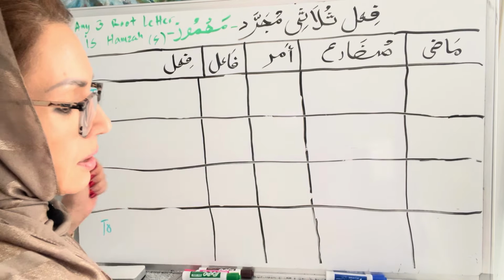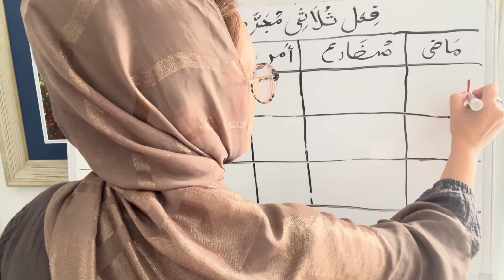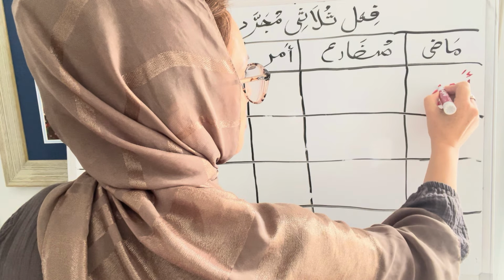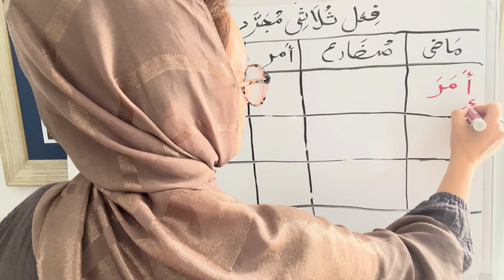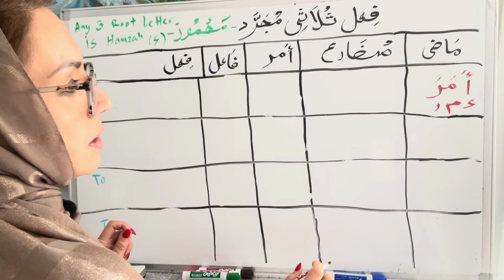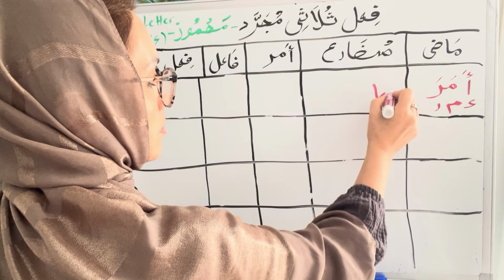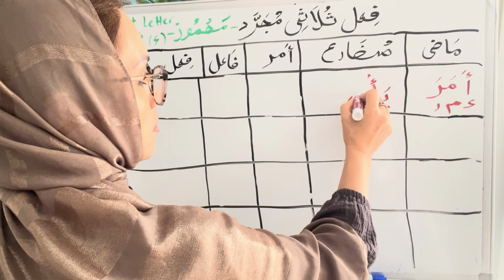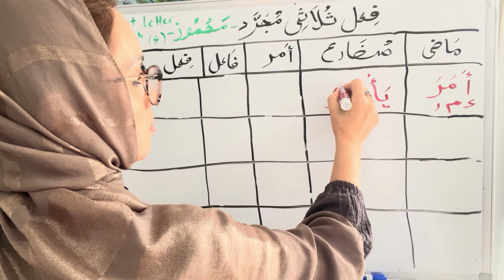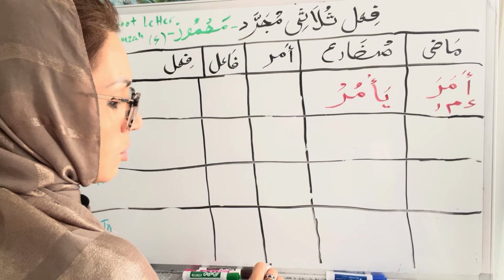All right. Next word we have is أمر. Hamza, mim, ra. أمر, يأمر. And then it becomes mur.